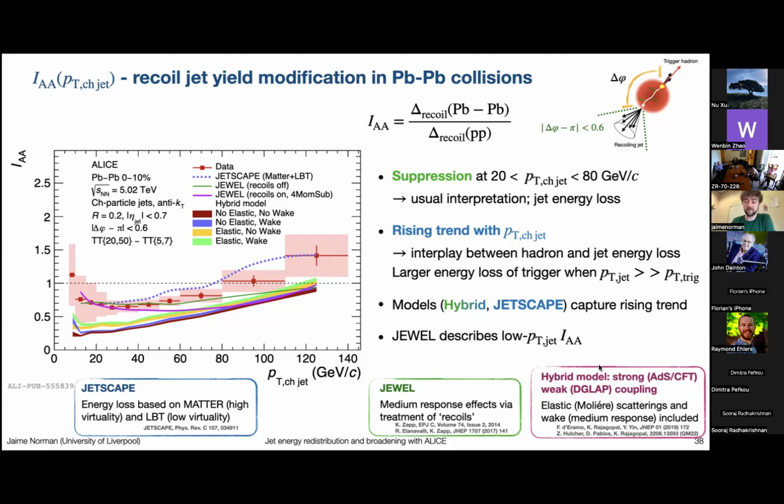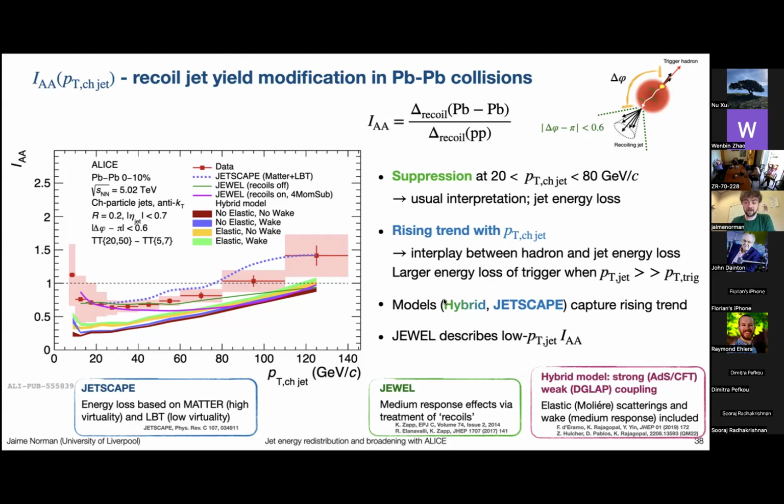And then also the hybrid model, which includes an AdS/CFT formulation for strong coupling and DGLAP jet evolution for weak coupling, where again, the medium response effects can be switched on or off. And also these elastic, large angle scatterings can be switched on or off.